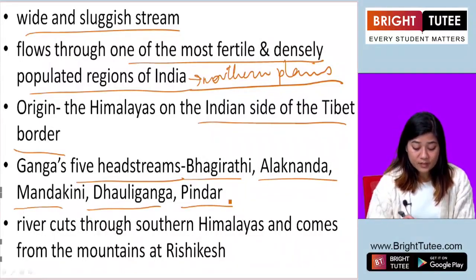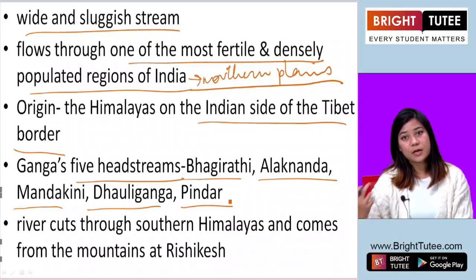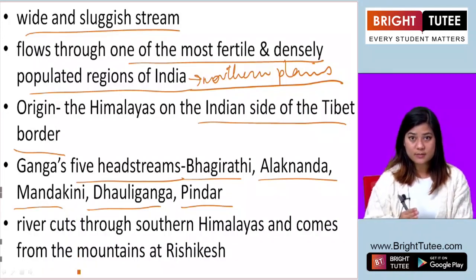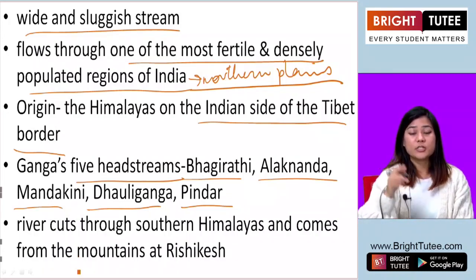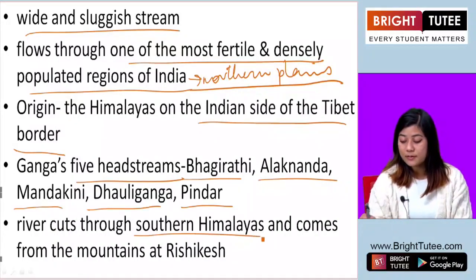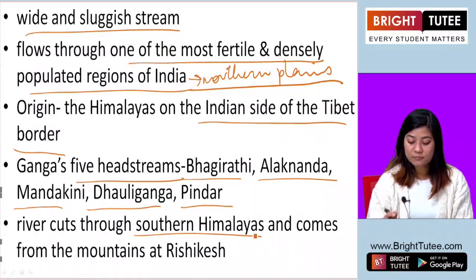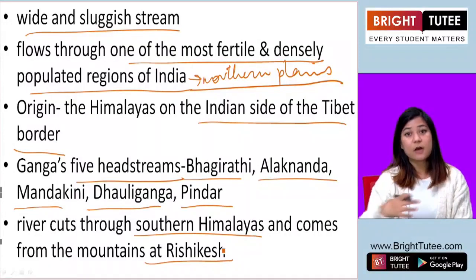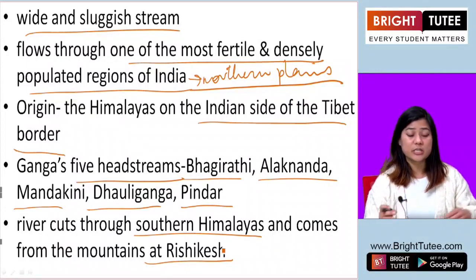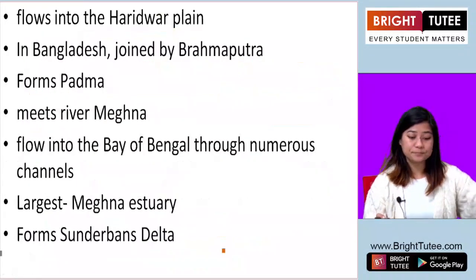As the river Ganga begins its journey, it cuts through the southern Himalayas. So it originates from the northern part of the Himalayas, then cuts through the southern part of the Himalayas and comes out of the mountainous range at Rishikesh.